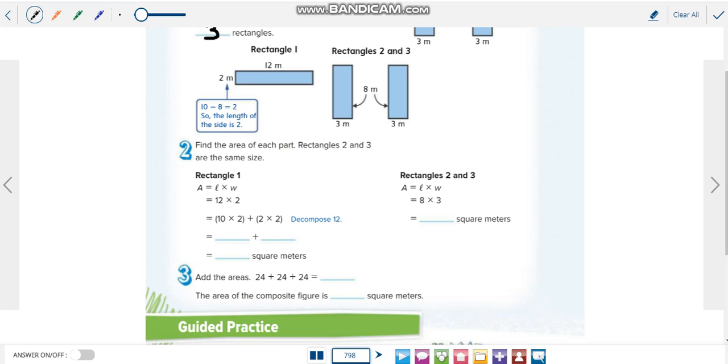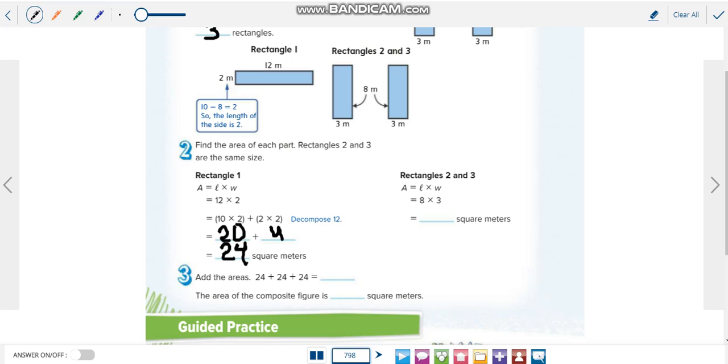For rectangle number 1, we decompose the leg, that is 12, into 10 and 2. So 10 times 2 is 20, plus 2 times 2 is 4. So 20 plus 4 equals 24.